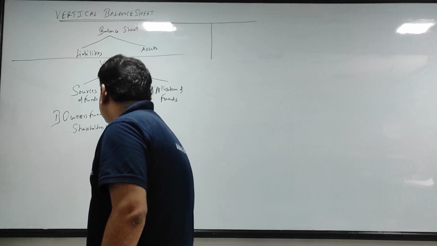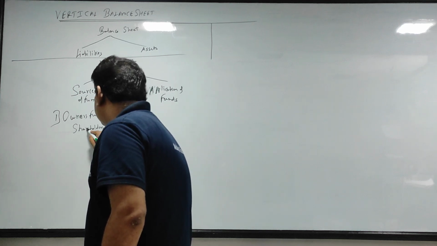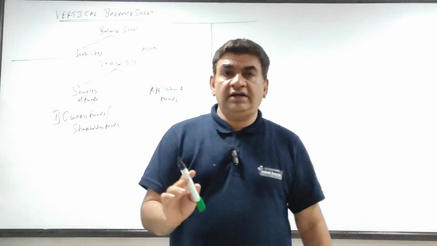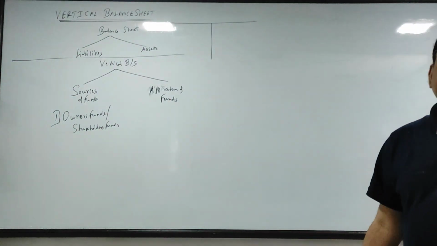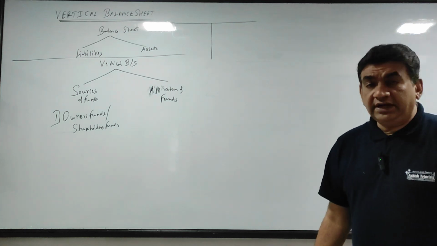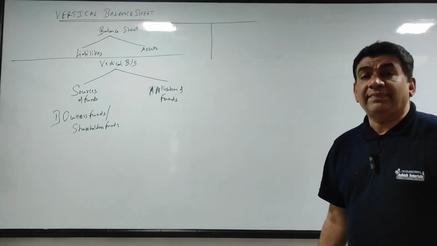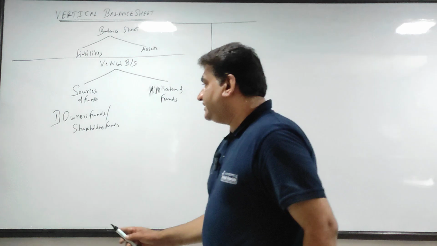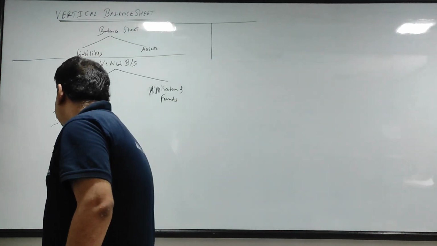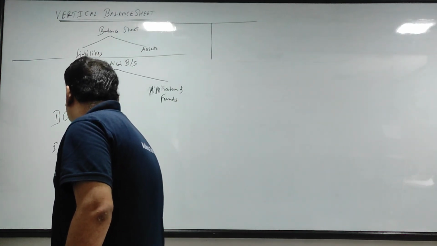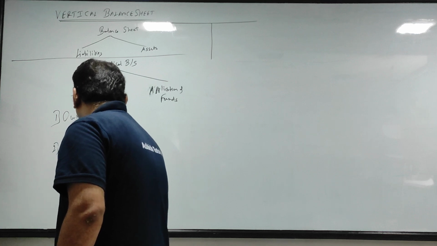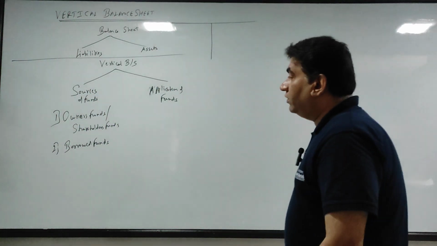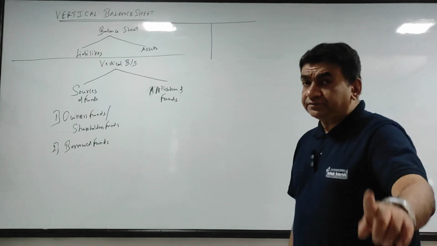So you can call it shareholders funds or owners funds. But if it is the balance sheet of a partnership firm and sole trader, then we use the word owners funds. Got it? Owners funds means your own money. And the second, borrowed from someone, taken a loan, that we call borrowed funds.